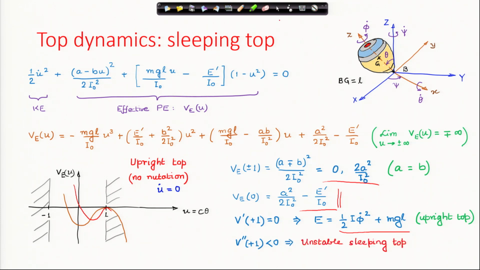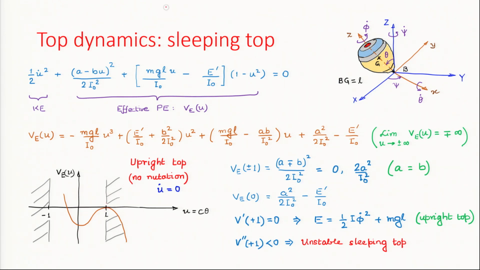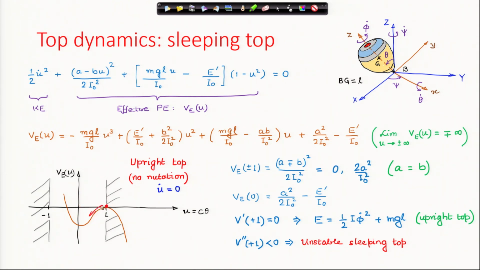This is an unstable sleeping top, because if you use that particle analogy, if you leave a particle here and slightly disturb it, it is definitely going to go this way. It cannot go to the right because it is forbidden, it will go here and it will oscillate, or with this curve it will hit the ground somewhere and fall down.